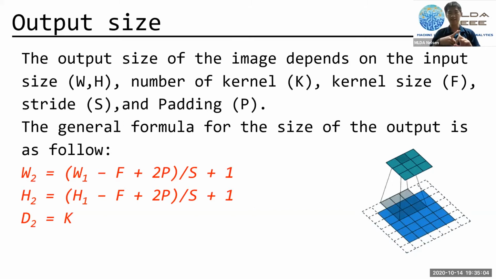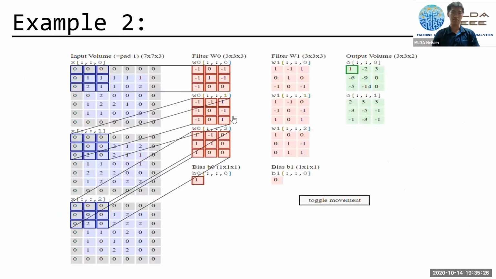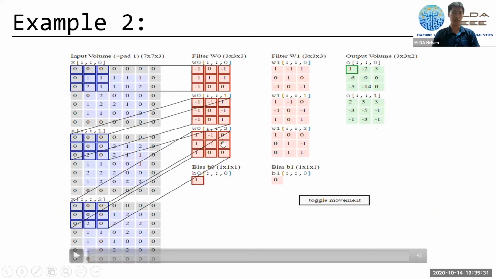So in general, we have this general formula where we have the width of the input image, the number of kernels, and the kernel size, which is usually symmetric in the sense that width and height have the same size. Like just now it was 3 times 3, so the number will always be the same.